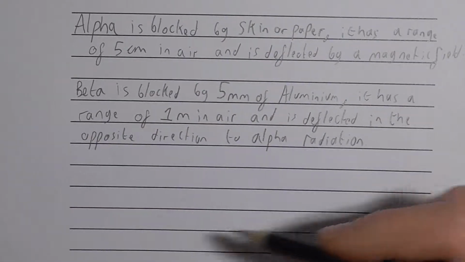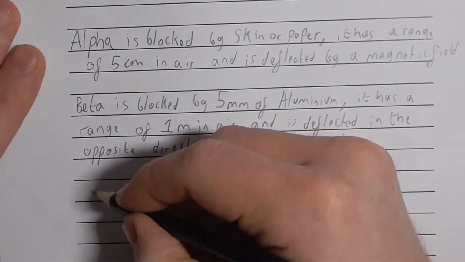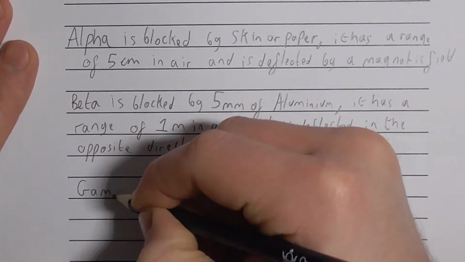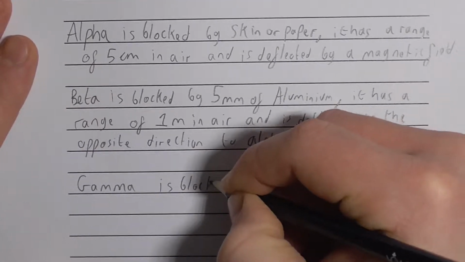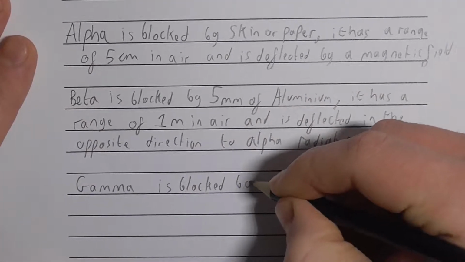Then to finish off my answer, talking about gamma. So gamma is blocked by lead.